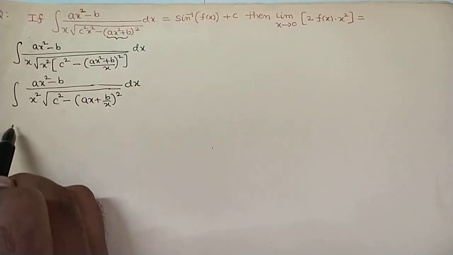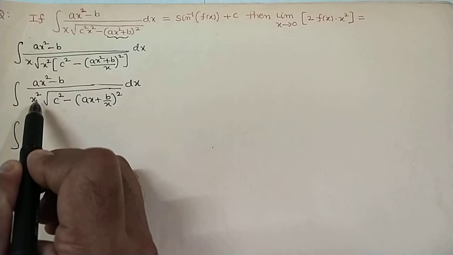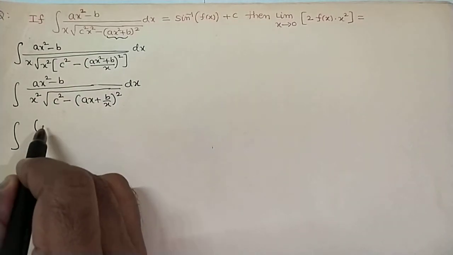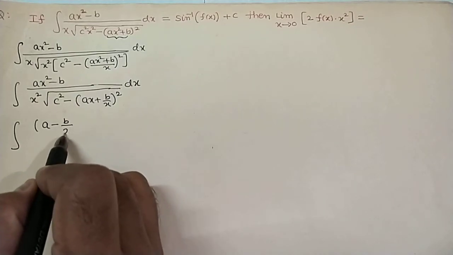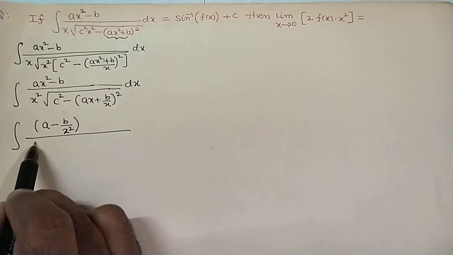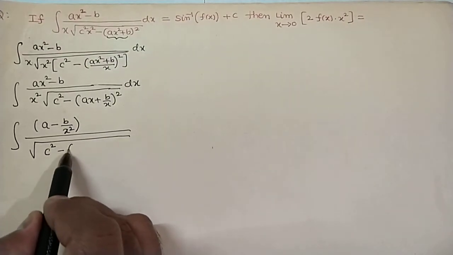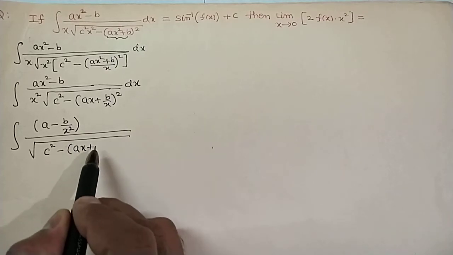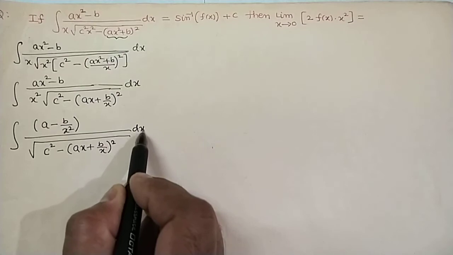Now in the integral, ax square by x square becomes a, minus b by x square, whole divided by square root of c square minus (ax plus b by x) whole square into dx.